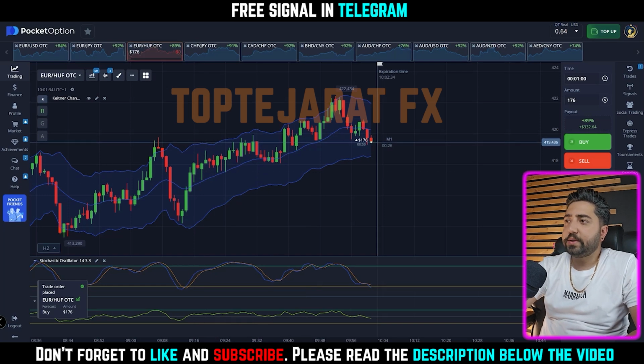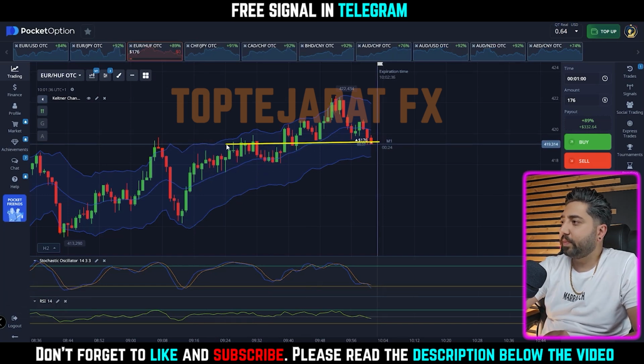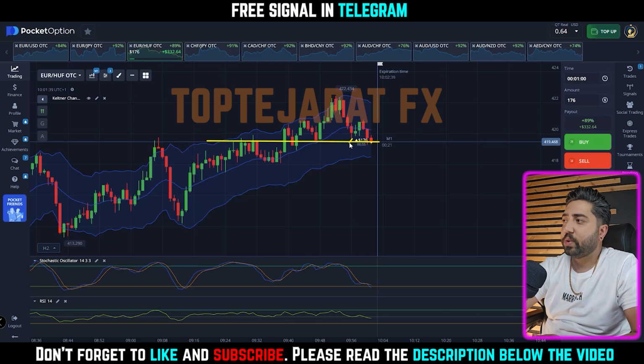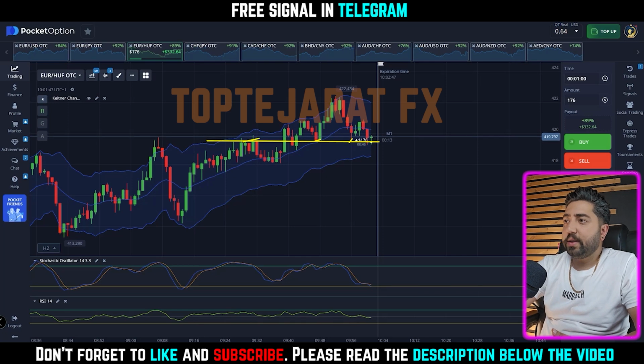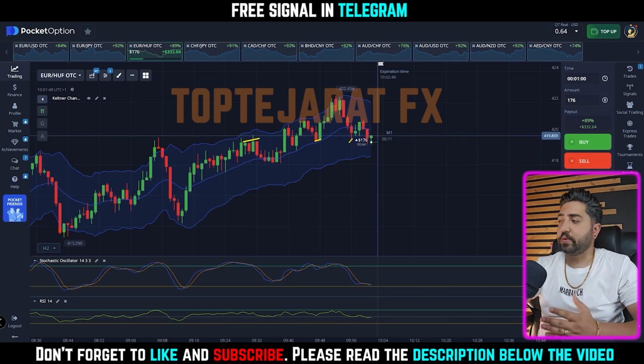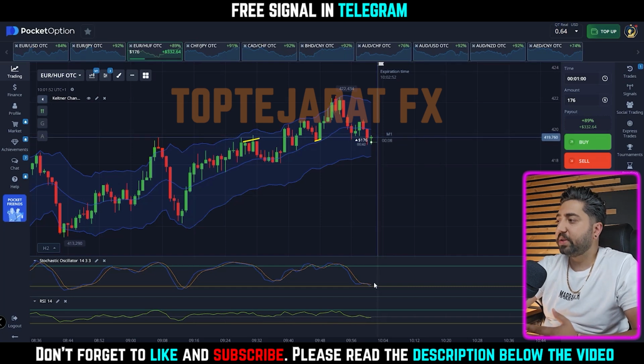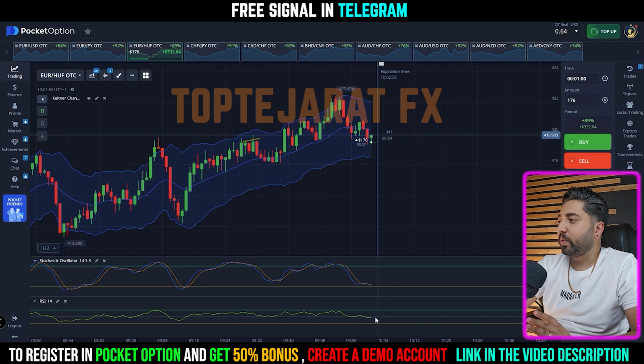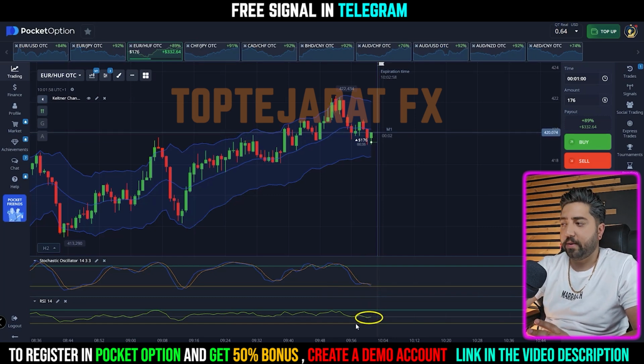Okay, my friend, look at this here. In this point, in the path of the market, we have one touch here, two touch here, and many touch here. Look at this. And we need confirmation in another indicator, in the Keltner channel, stochastic RSI. Now we have confirmation in the RSI.